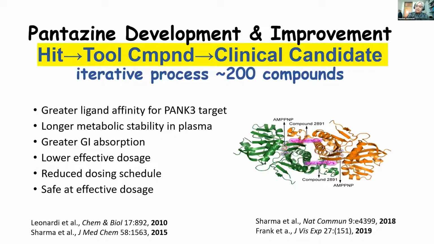And interestingly, several of our modified compounds lost this ability by just changing one atom in the pantazine structure. Each improvement allowed us to lower the dose that would be effective in elevating brain CoA, reduce the dosing schedule, and establish a wide therapeutic index to establish safety.